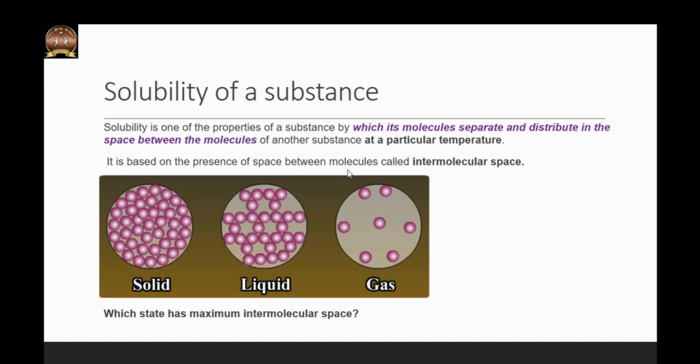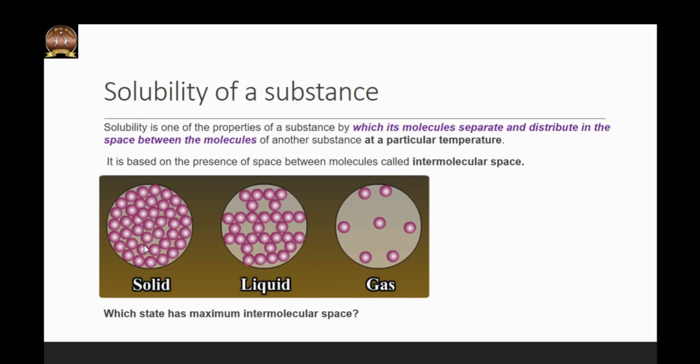Therefore, because solubility is based on the distribution of the molecules of one substance in the space between the molecules of another substance, it is based on the presence of space between molecules, and this is called the intermolecular space.